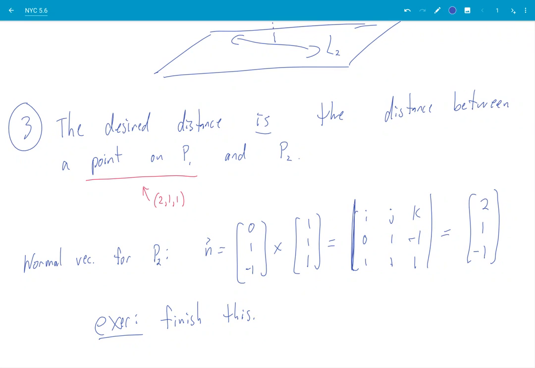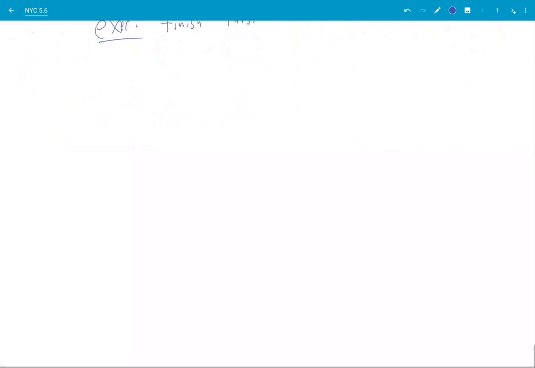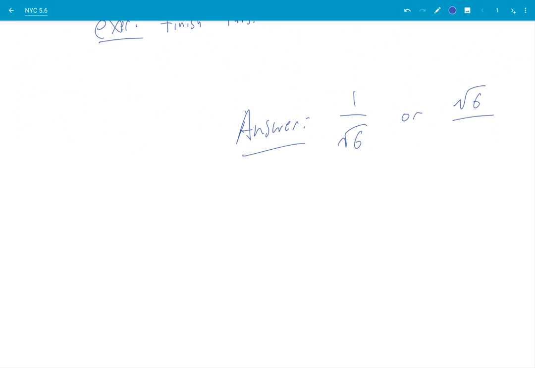So I'll leave that up to you. So pause and try that. And the answer here should be 1 over root 6, or root 6 over 6 if you prefer.